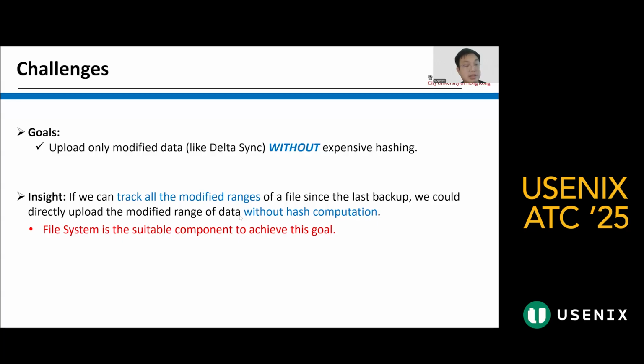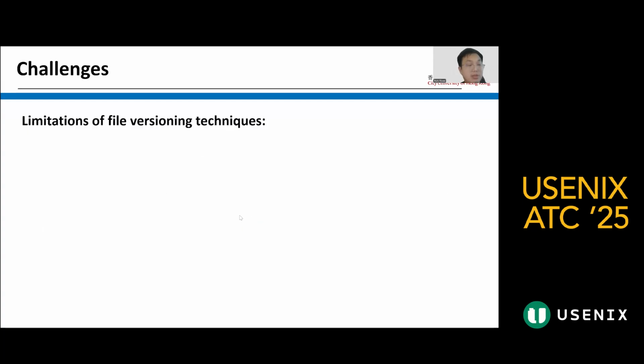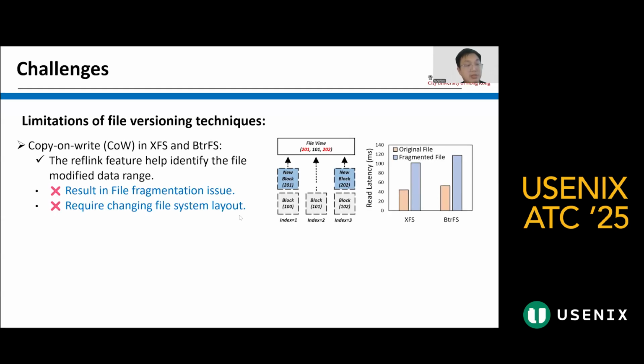Therefore, the file system is a suitable component to achieve this insight and goal. But after deep investigation of the existing file system techniques, especially the file versioning techniques, I found that some file versioning techniques like the copy on write approach, such as the reflink feature in XFS and BTRFS, allow us to manage different versions of data, just like the figure shown on the left side.